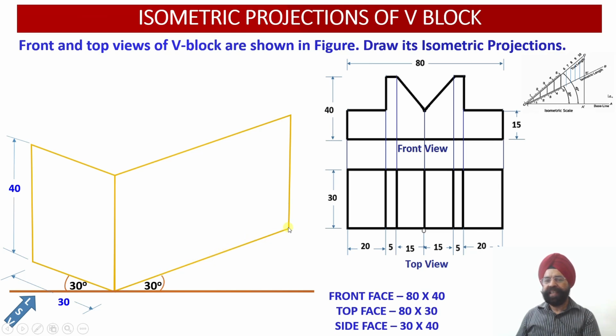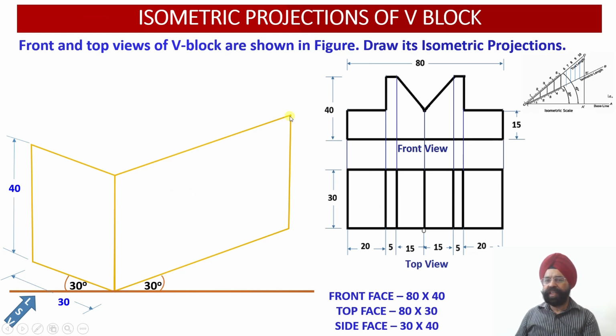then two isometric lines. This is one isometric line, this is the second isometric line. This isometric line we have drawn parallel to this edge, that is the base, which is equal to 80 millimeter. So the length of this edge will be equal to 80 millimeter. Similarly, from this corner I have to draw another vertical isometric line which will be parallel to the y-axis.